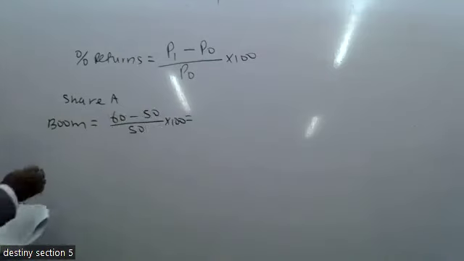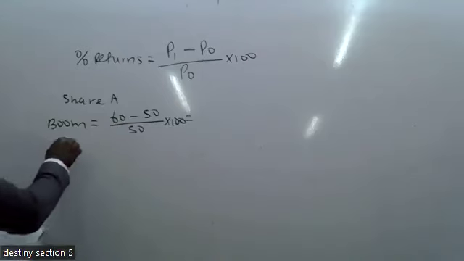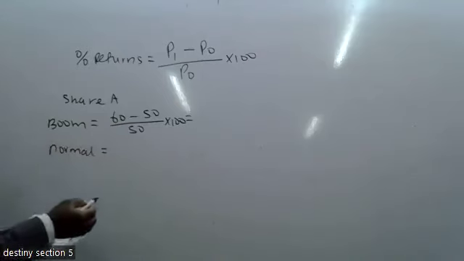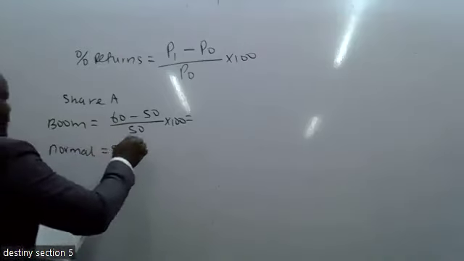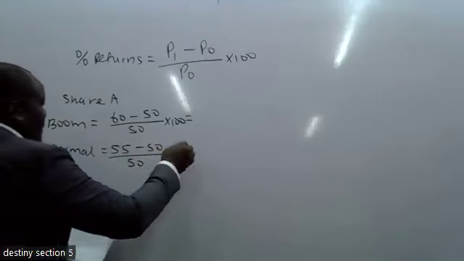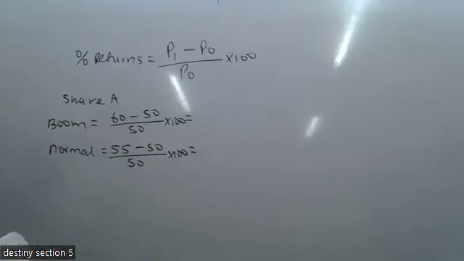The next one is normal. Under normal, they gave you 55. Also subtract 50, divide by 50, and express it as a percentage.